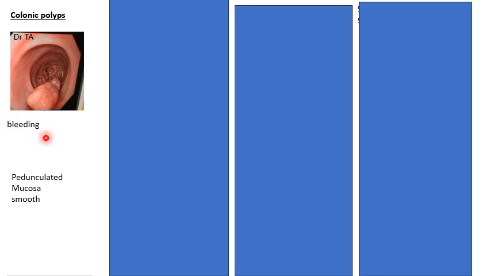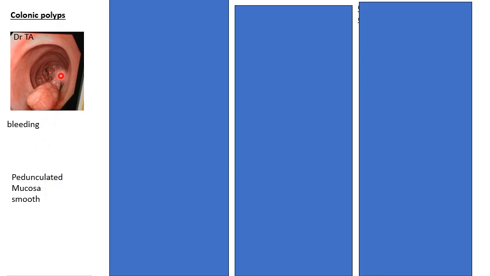If you know the clinical symptomatology, it's easier to pick up a finding on a scopy, and usually they give it in the stem. A clinical clue is very, very important when you're looking at an image to make a diagnosis. So the main thing will be bleeding in polyps.